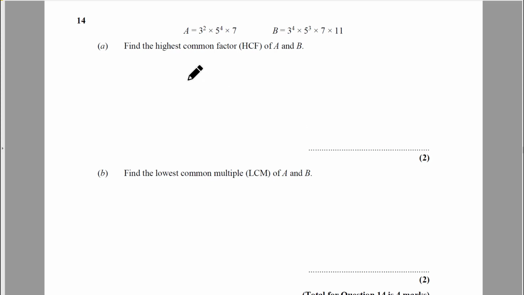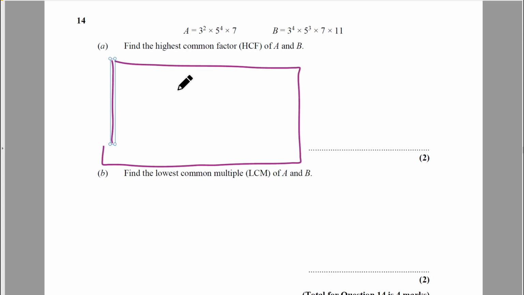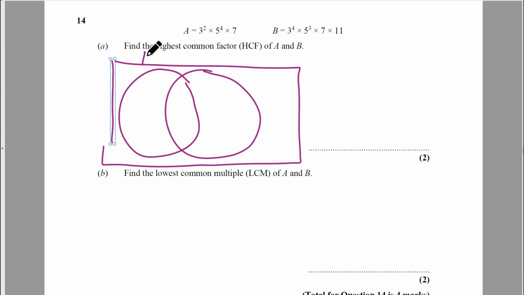Find the highest common factor of A and B. Easiest way to do this is the Venn diagram. That's A and B. So what's shared in A and B? Two lots of 3s.